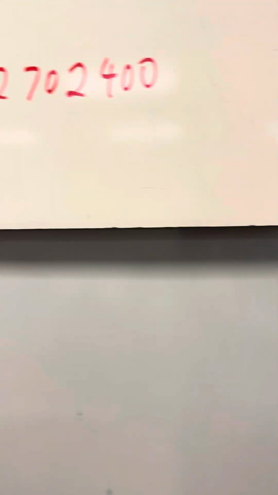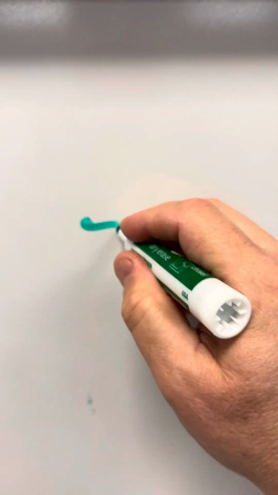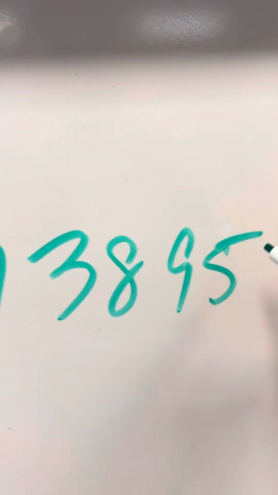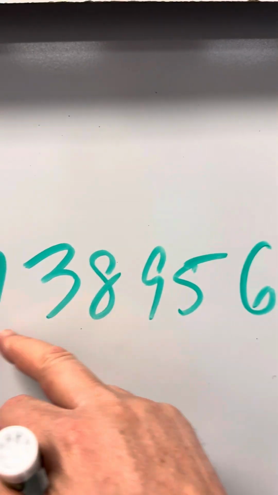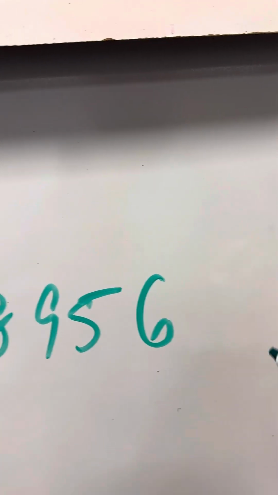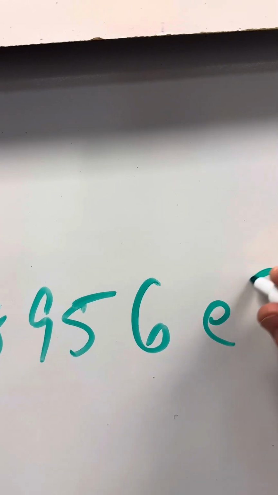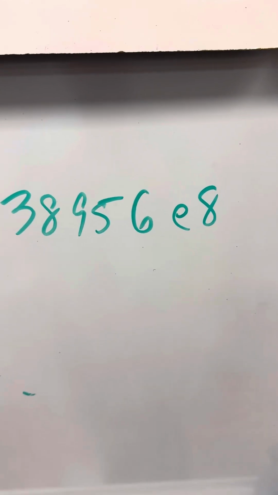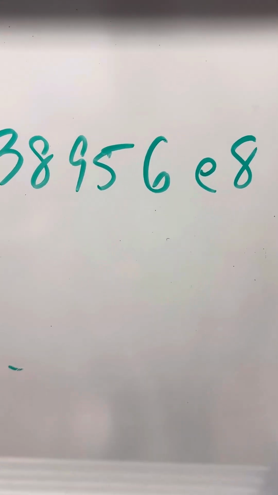By the way, on your calculator, if you get something like, let's say, 7.738956, and then it says e to the 8th power, that just means times 10 to the 8th power.